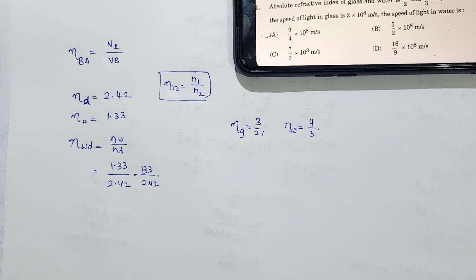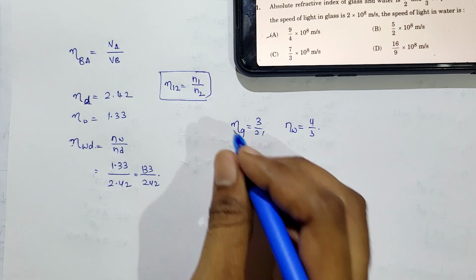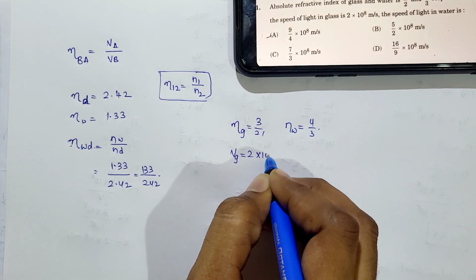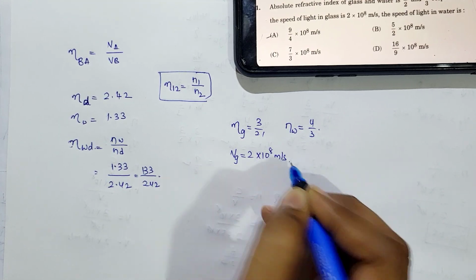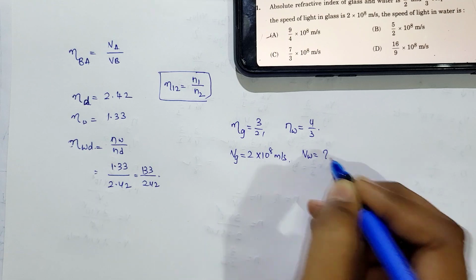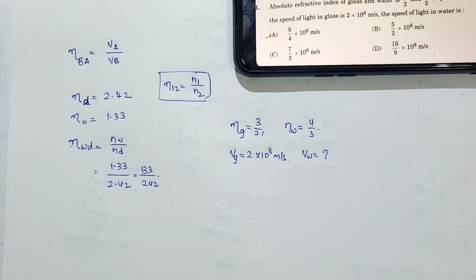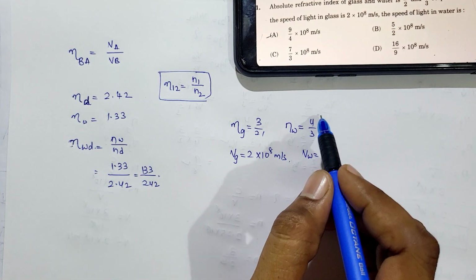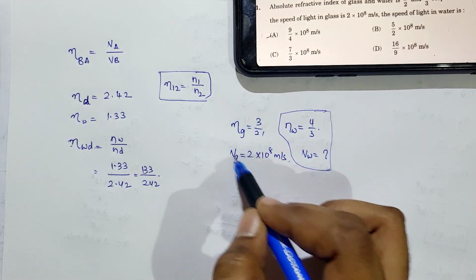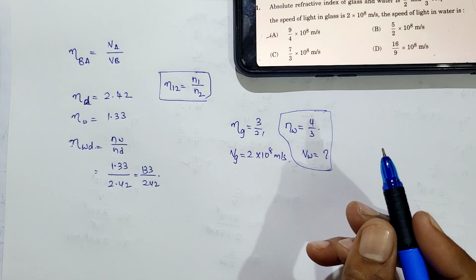If the speed of light in glass is 2 into 10 power 8 meters per second, find the speed of light in water. This is the question. See, if you observe neatly, this much is only sufficient to solve the question. Why they gave this? Simply to confuse.